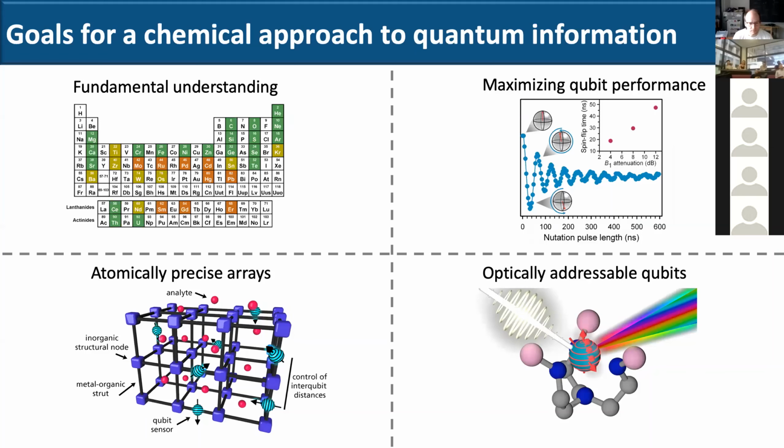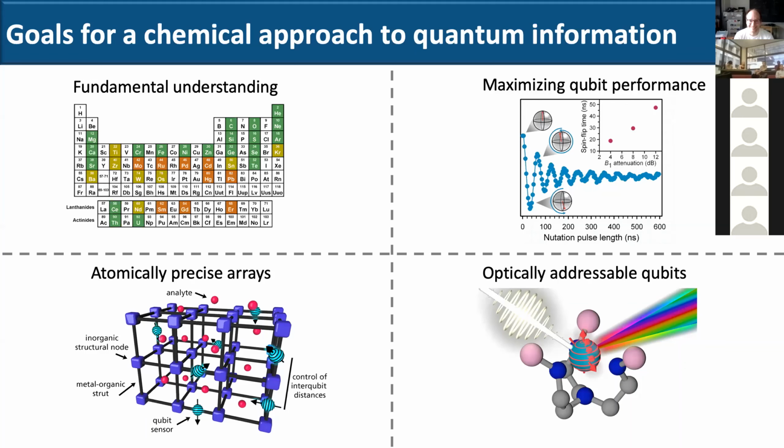I will, similar to what Jonathan just spoke about, talk about atomically precise arrays and clock transitions in them and how we can think about different types of scalability. And then finally, I will talk briefly about our complete failures to make optically addressable qubits, because I think it's good to end a talk on a note of failure.